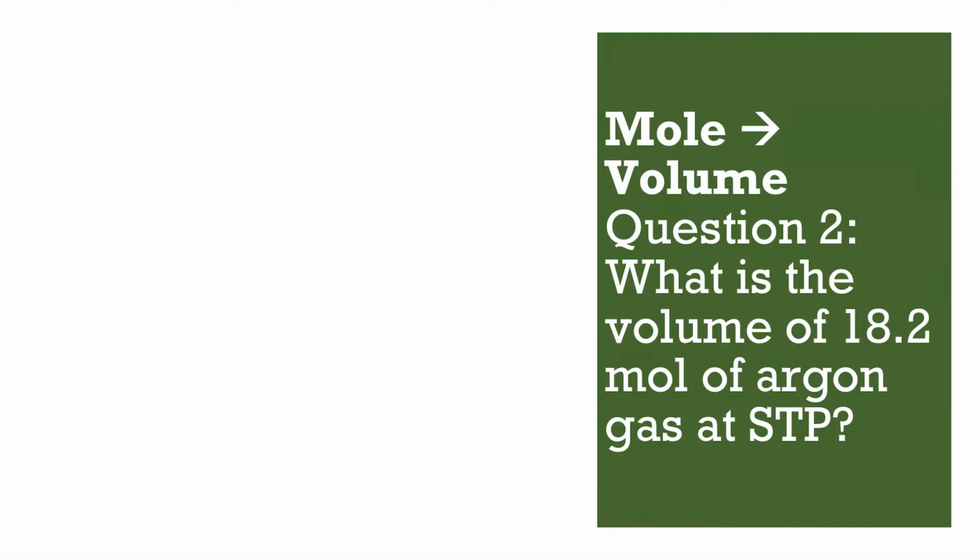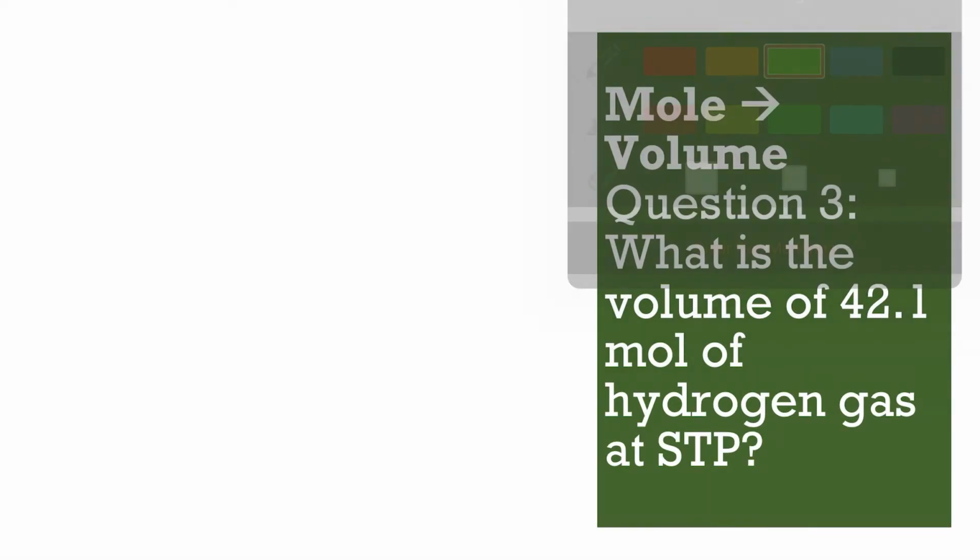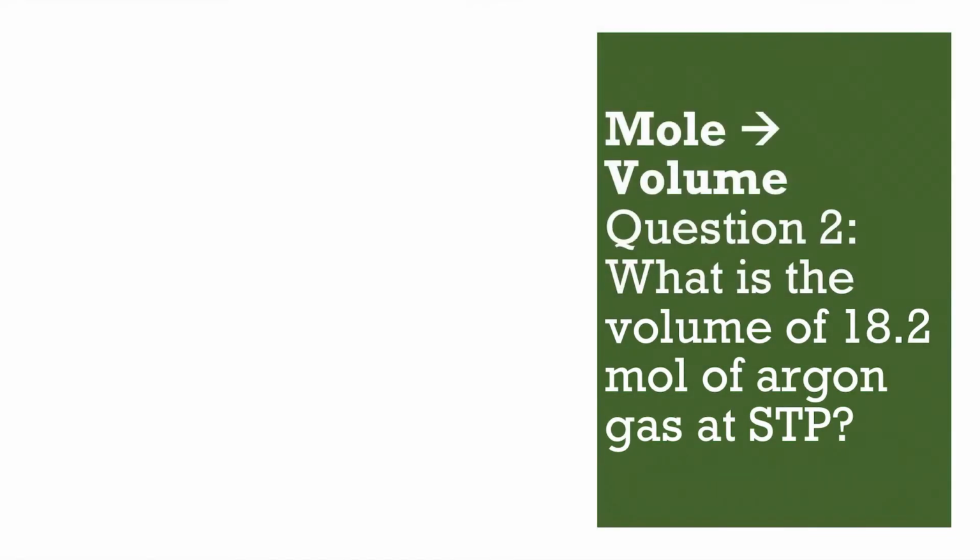Okay. Number 2, what is the volume of 18.2 moles of argon gas? Again, doesn't matter what gas we're talking about. We care about the 18.2 moles. So 18.2 mole, that's your given. Put it over 1. Again, you want moles to cancel, so moles goes on the bottom.